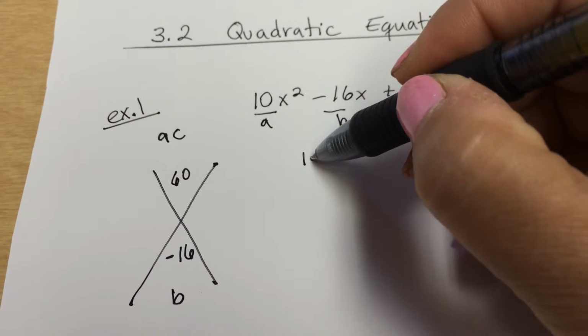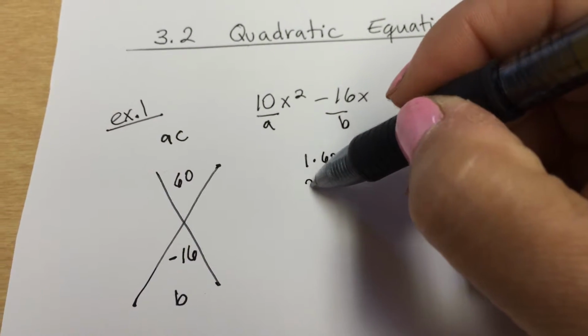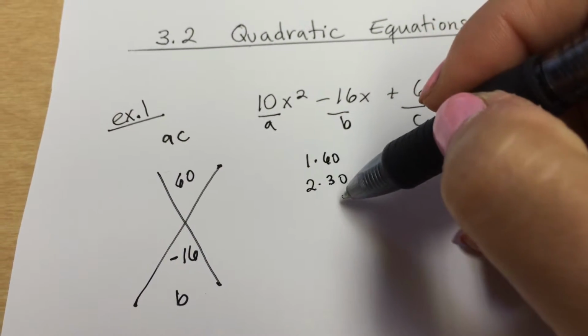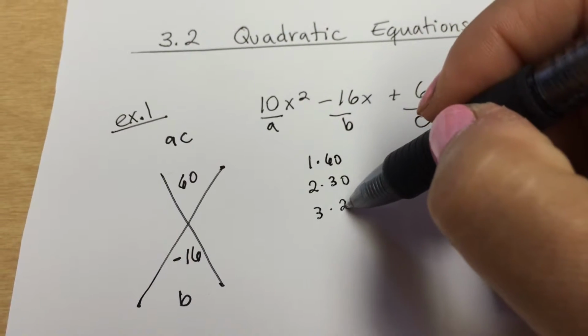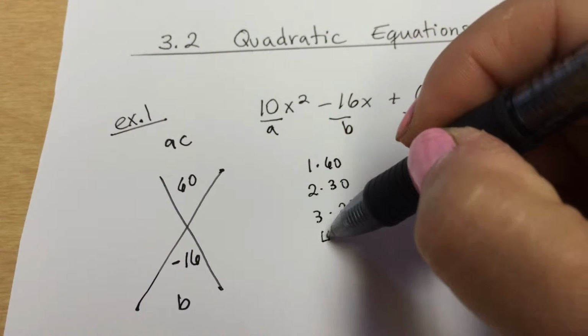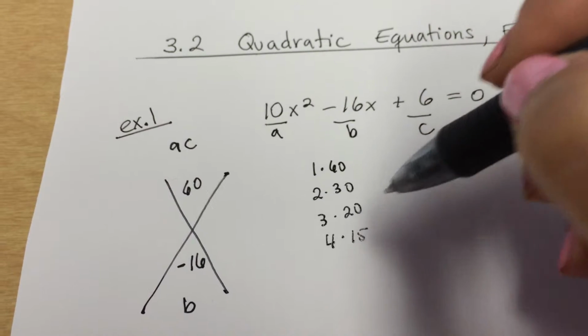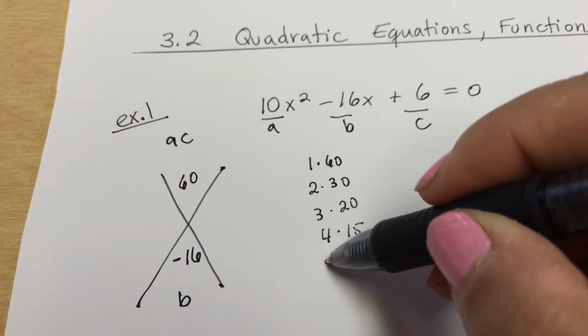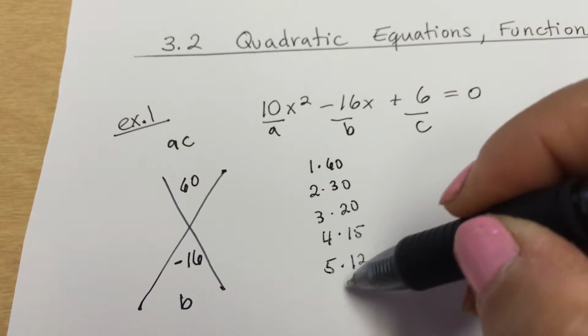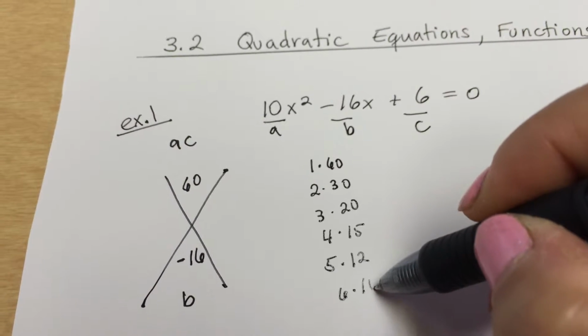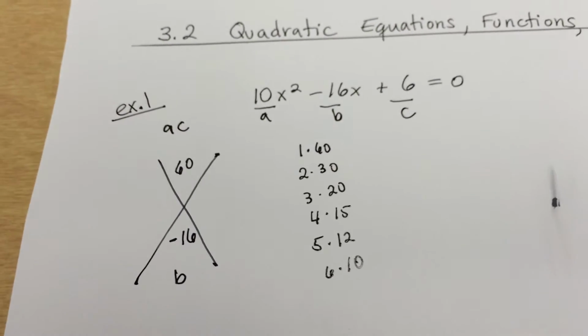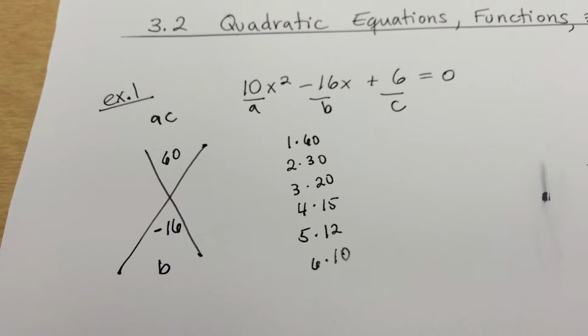So I have 1 times 60, 2 times 30, 3 times 20, 4 times 15, 5 times 12, 6 times 10. I don't think 7 or 8 will go into it, or 9.